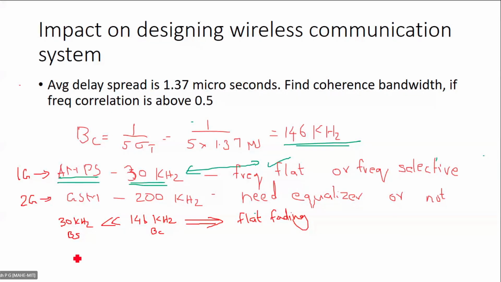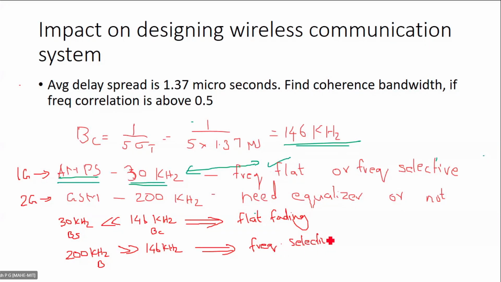And in GSM, 200 kilohertz is anyway higher, right? So signal bandwidth is higher compared to the coherence bandwidth. Such a system, we can call it frequency selective fading.